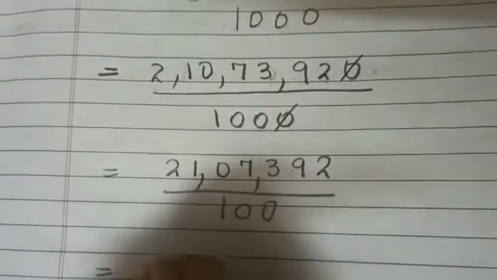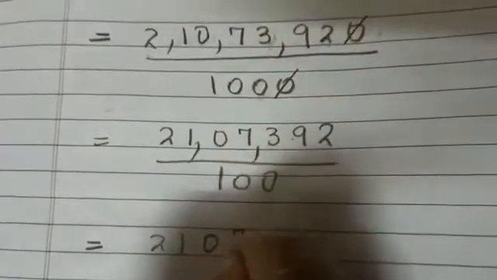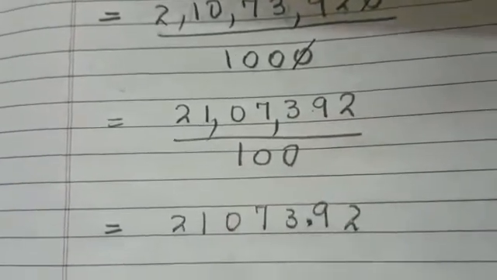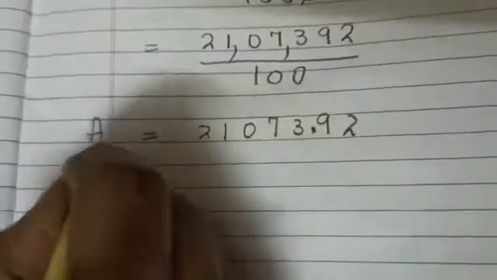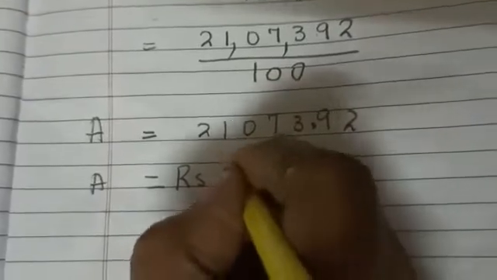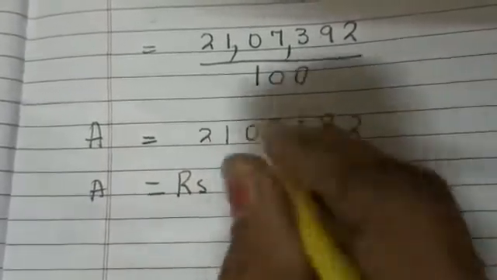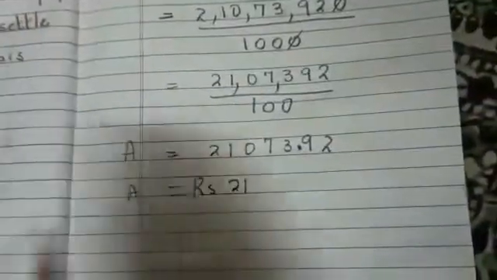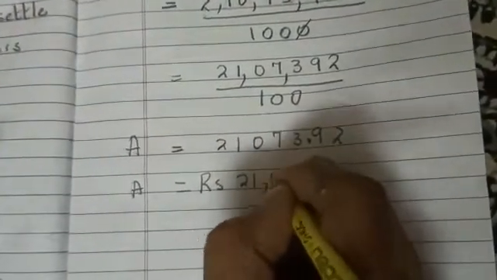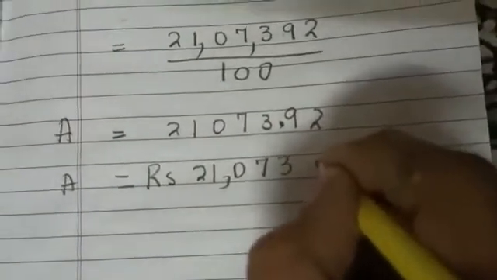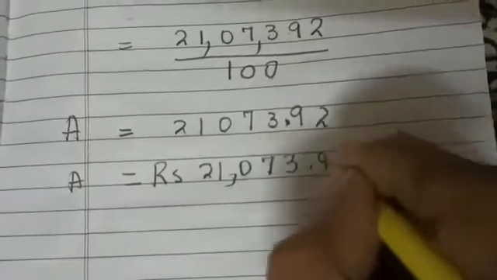So we have the amount is equal to rupees 21,073 rupees 92 paise.